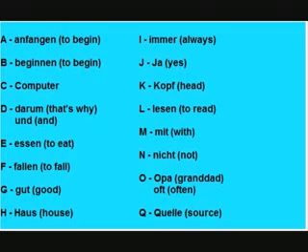The B is like in English, like in beginnen, also to begin, so anfangen and beginnen are synonyms. The C is in original German words never written alone, just in foreign words, mostly English words like computer, which everyone knows.